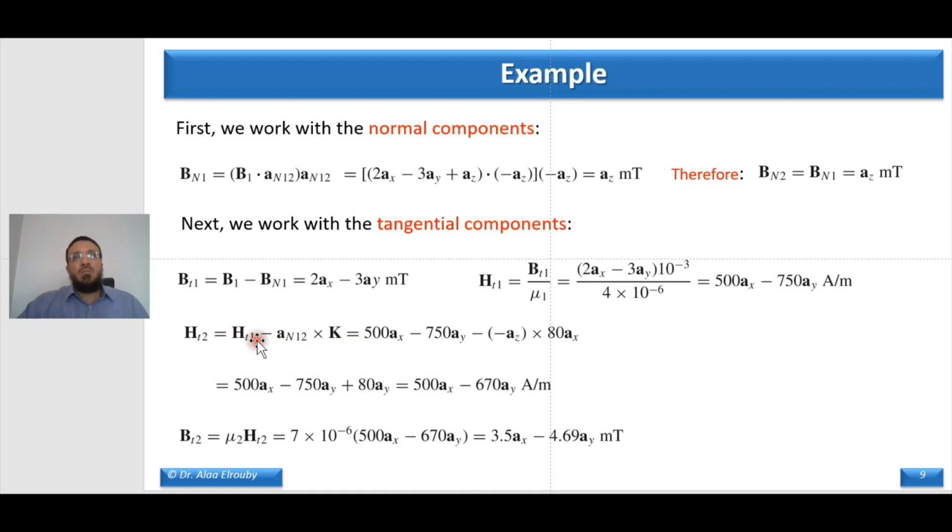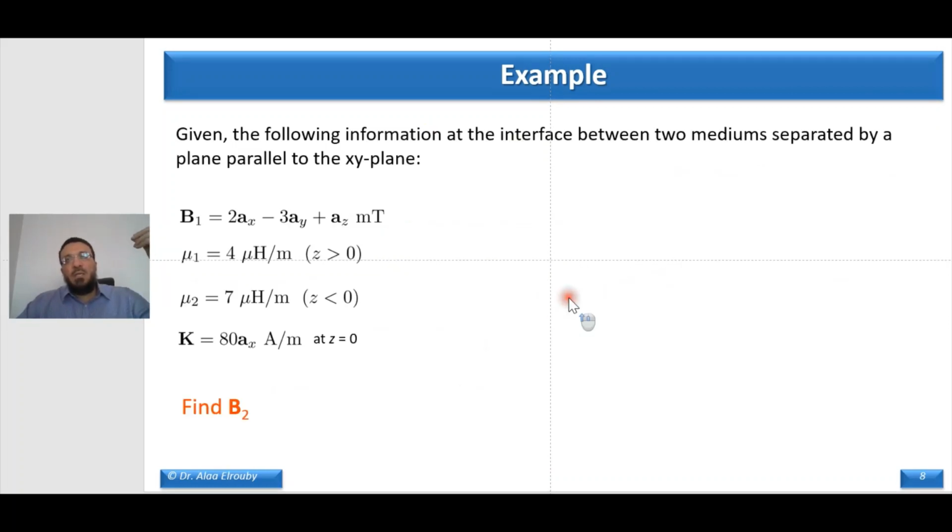H tangential 1 is this expression. The an12 is minus z. Why? Because it is the vector that's coming from medium 1 to medium 2. Medium 1 is, as shown here, the upper medium. Medium 2 is the lower medium.